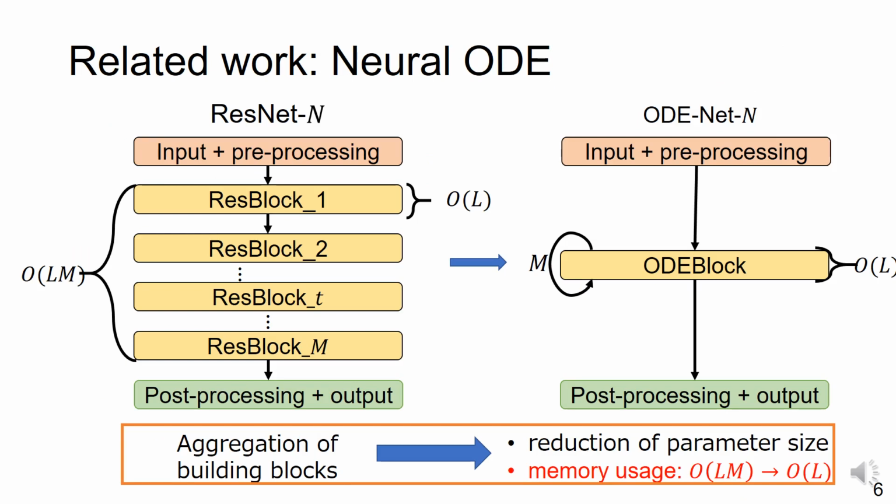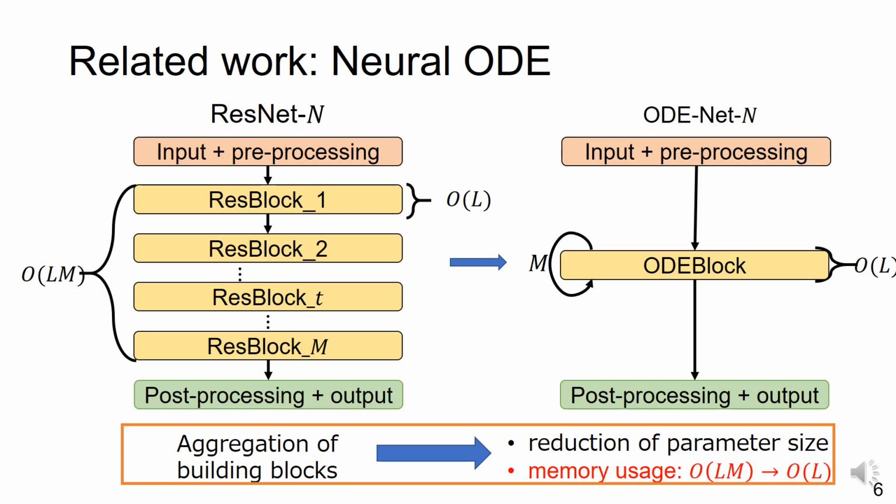Here we compare the architectures of ResNet and ODENet. For the sake of distinction, we will refer to the building block in ResNet as ResBlock, and the building block in ODENet as ODEBlock. In ResNet, the building blocks are stacked, whereas in ODENet, the stacking is replaced by an iteration of a single ODE block.